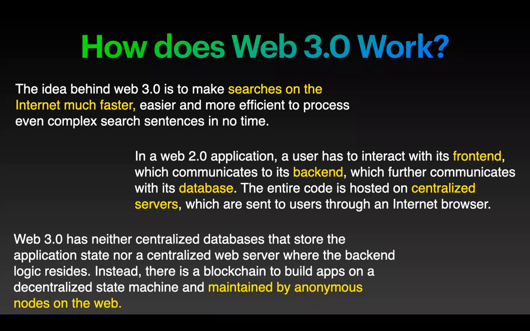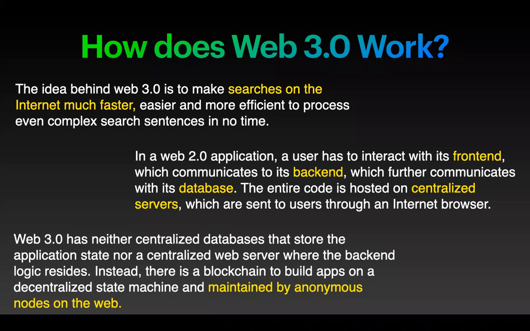When you open a website in a browser, all you see is the front end. Whenever you communicate with the front end, it connects with the backend, the backend connects with the database, and the database connects with the centralized servers. This is how the whole process happens in Web 2.0.